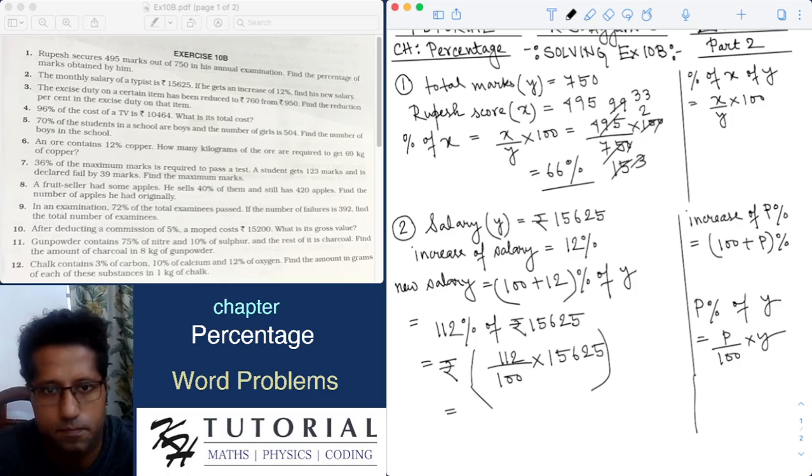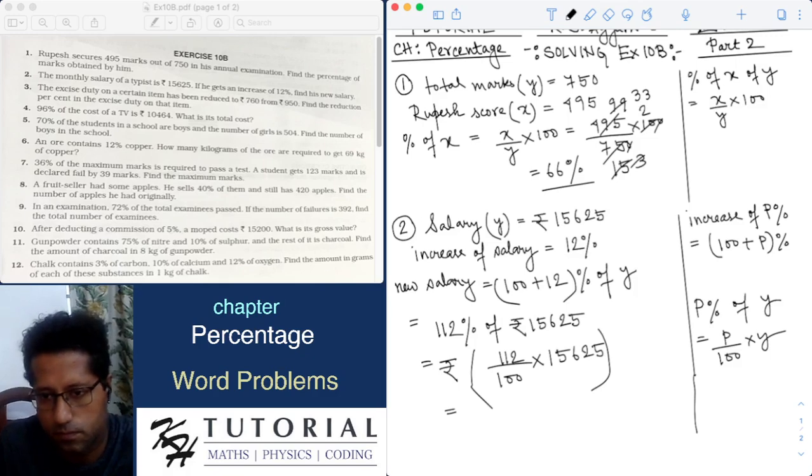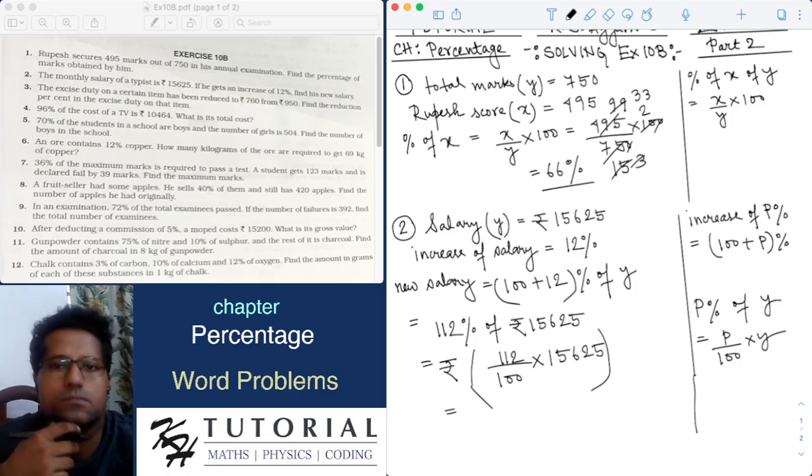What is this amount? So this is a very big amount. If he gets an increase of 12%, find his new salary.